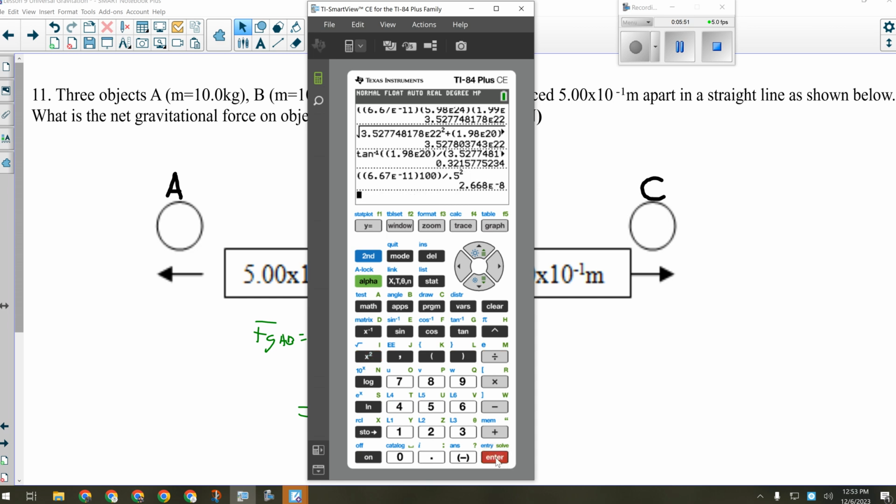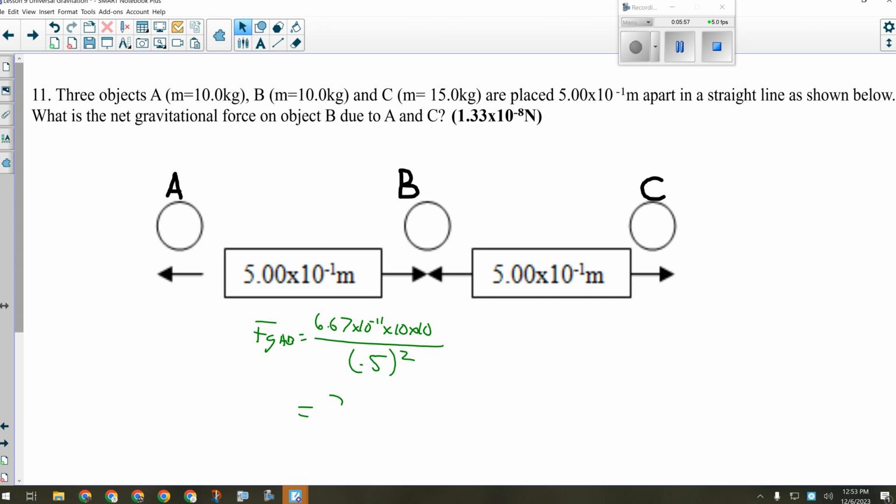All right, so 2.67 times 10 to the minus 8 newtons of attractive force between the two of them. Now I have to do the same thing here. The force of gravity will be 6.67 times 10 to the minus 11 times 10 times 15, not 150, divided by the same radius, 0.5 squared.